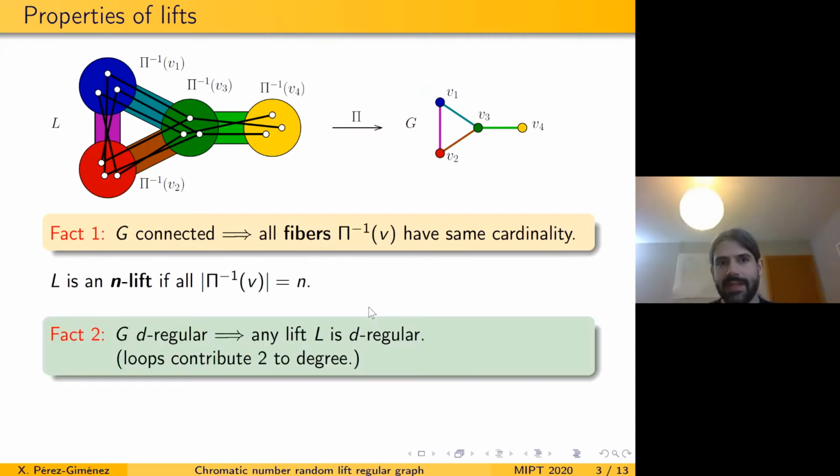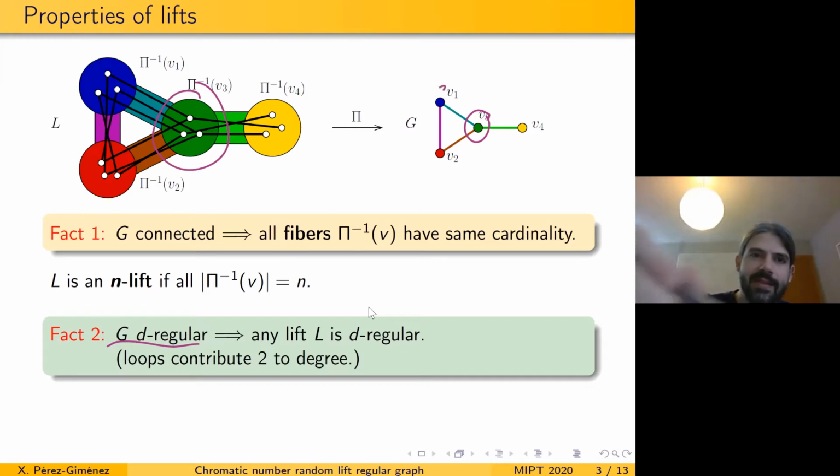So here are some easy facts. If my base graph is d-regular, so is any lift. In fact, the degrees are preserved in the following way. If I have a vertex here that has degree 3, all the vertices in the corresponding fiber, because of this local isomorphism of the set of incident edges, will have degree 3.